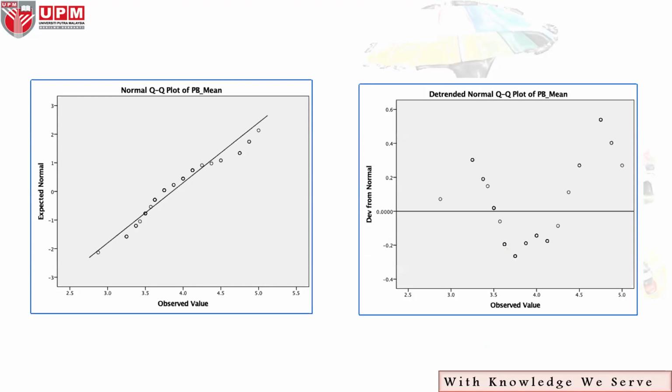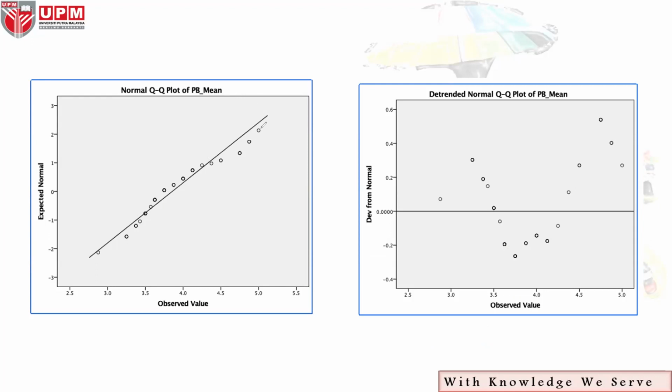By using normal QQ plot. Okay, how to report the normal QQ plot? If you just look at the dots within the straight line in the graph. If the dots fall really close to or on the straight line, then we can say that our data met the assumption of normality. Because reading the normal QQ plot is very subjective actually.